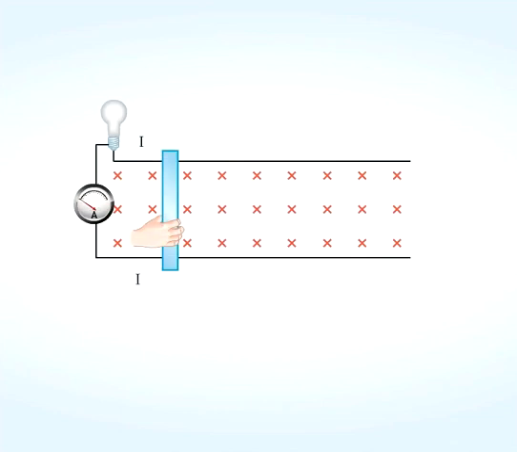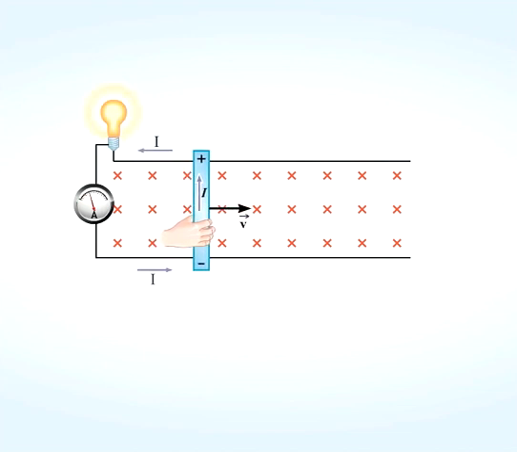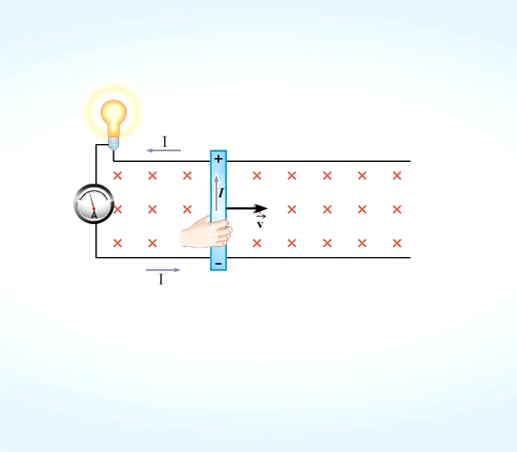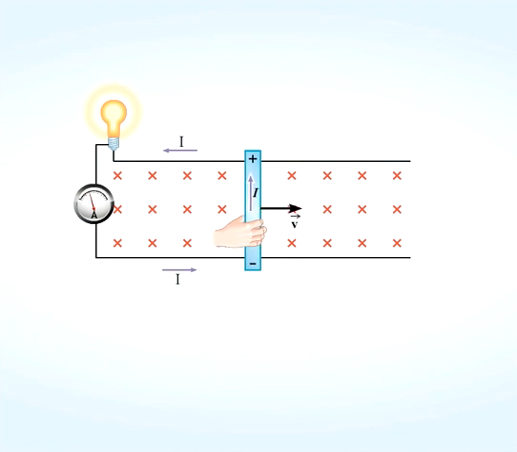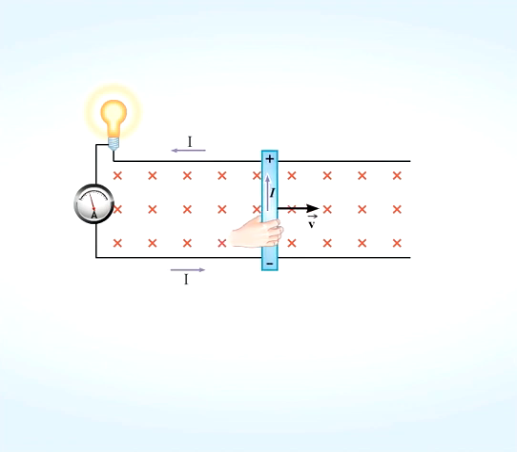The conducting rod in the uniform magnetic field is now connected to conducting rails and a light bulb to form an electrical circuit. If the rod is stationary, no force acts on the charges within the rod and the bulb is unlit. Once the rod starts to move with speed v to the right, the positive charges will accumulate at one end of the rod because the negative charges will move to the other end.